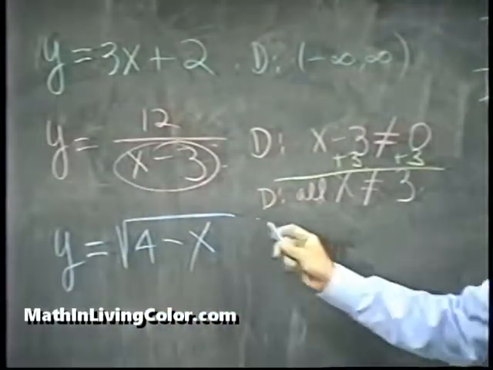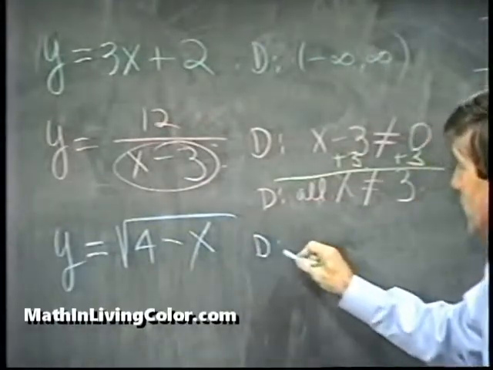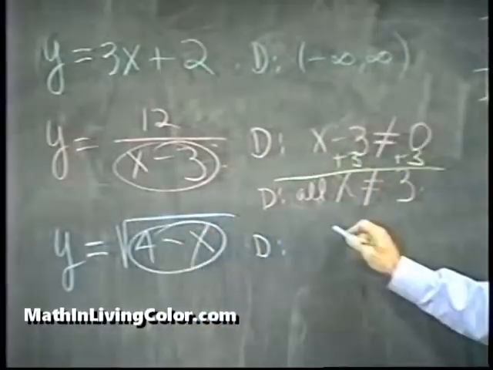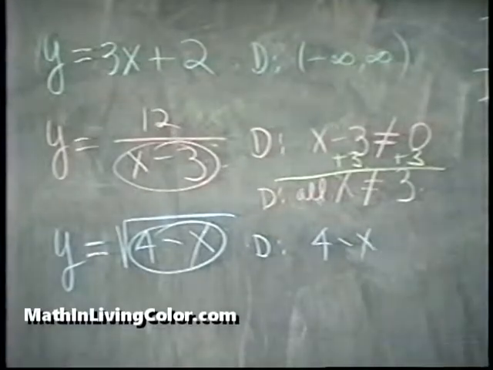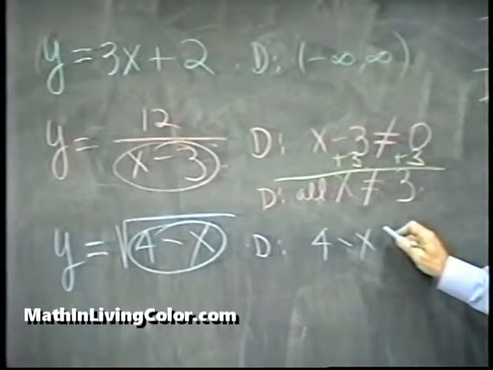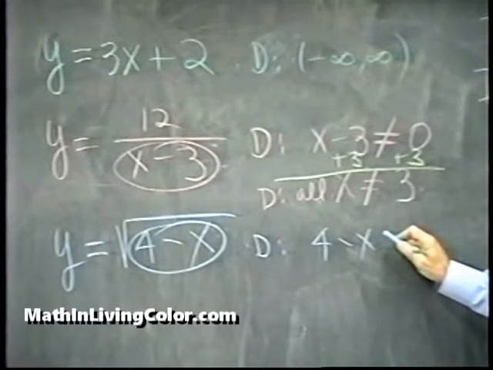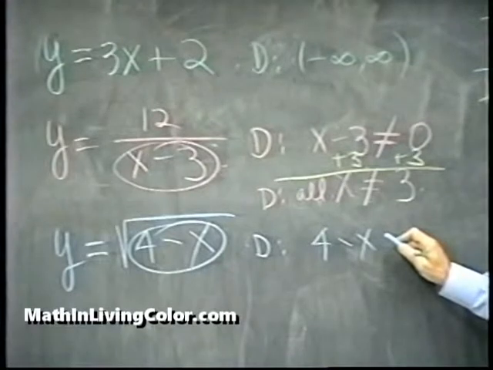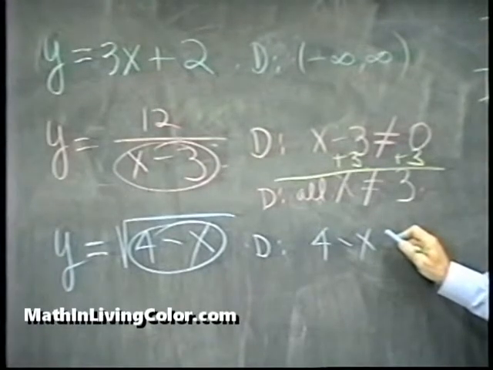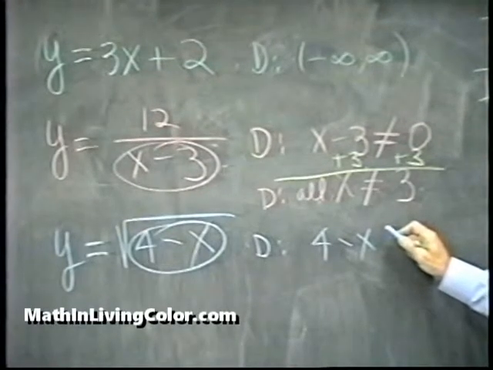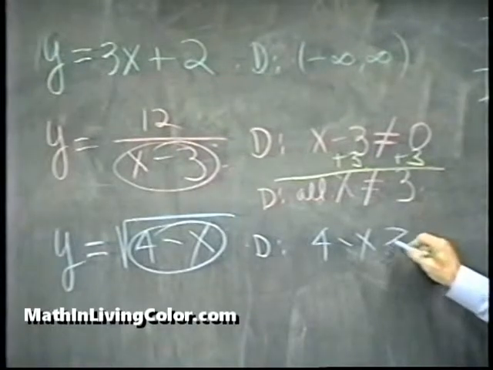When there's a radical involved, then whatever is in the radical, that would be the what? 4 minus x. The 4 minus x can't be negative, can it? Because you can't have a square root of a negative, right? That's what we said. So if it's not negative, what does it have to be? Greater than or equal to 0.